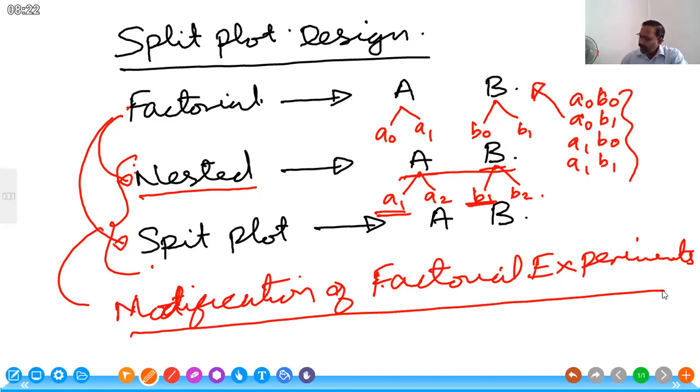So when you have the possibility, you first choose the factorial experiment.